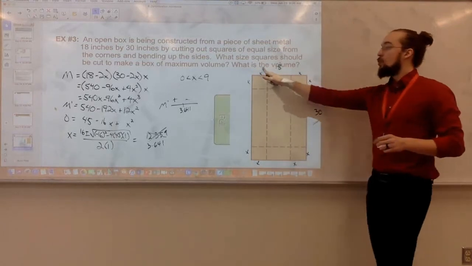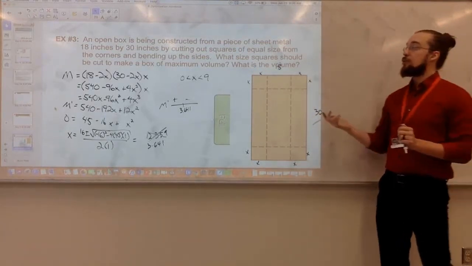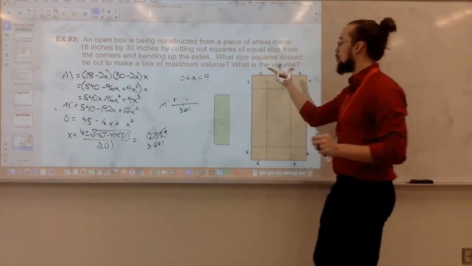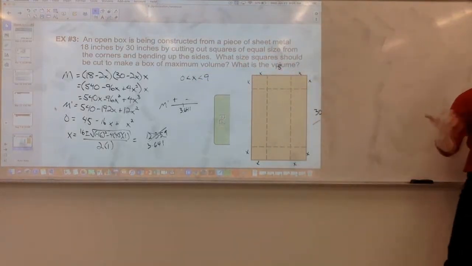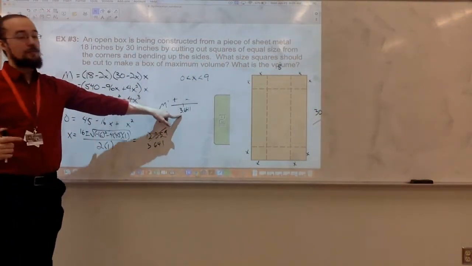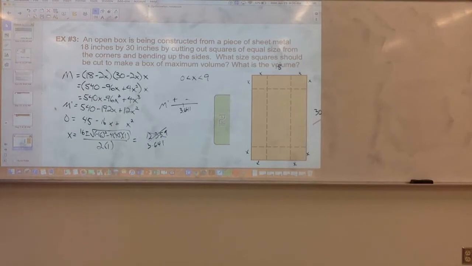So the question asks 2 questions, right? What size squares should be cut to make the box of maximum volume, and what is that volume? Let's take this value. We know this is the value of x that we want. Now we plug that in to find the maximum volume.